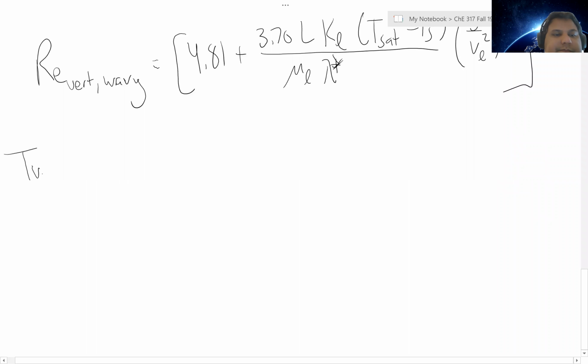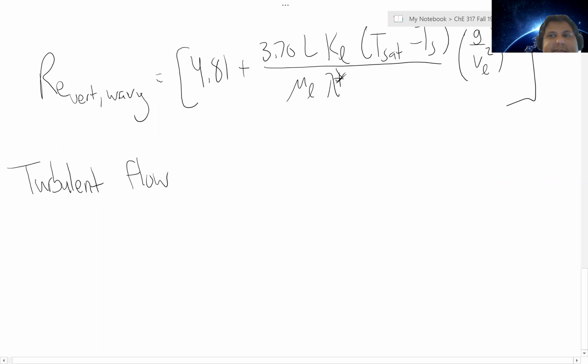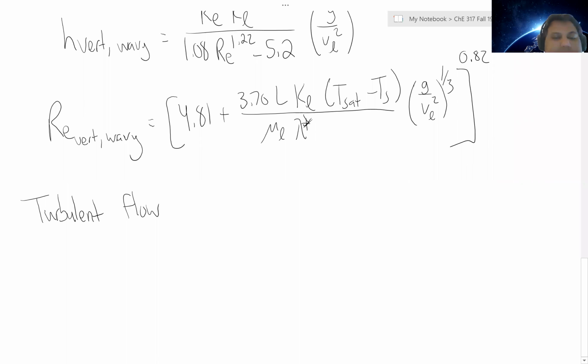For turbulent flow, we can calculate our heat transfer coefficient. Here, I'll scroll up so you guys can see. Actually, I'll just zoom.